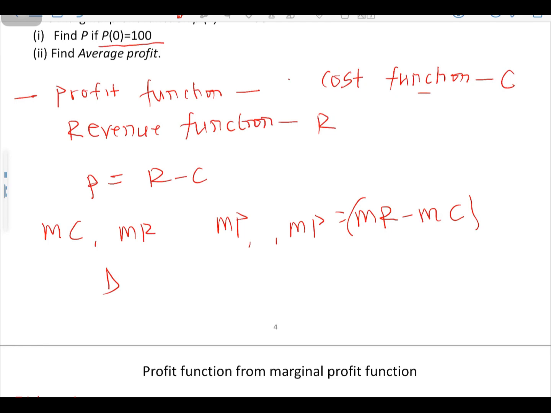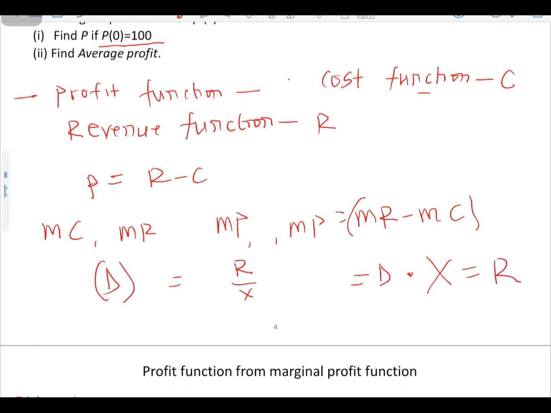When you are given the demand function, remember that the demand function was the revenue over X. So when they give you the demand function, make sure that you multiply it by X. When you multiply the demand function by X, the whole function becomes your revenue function.